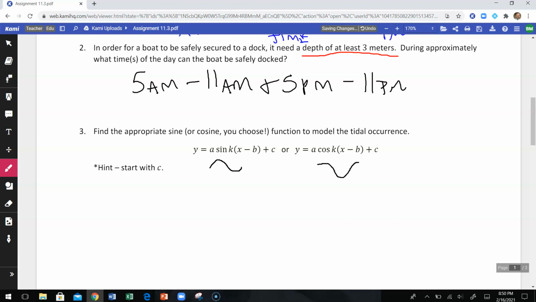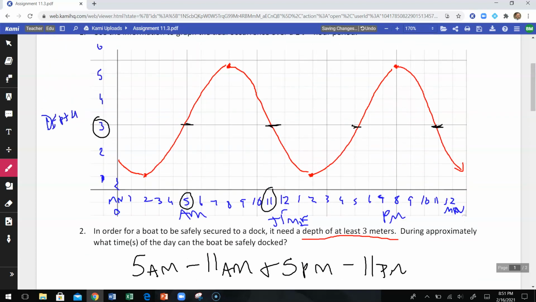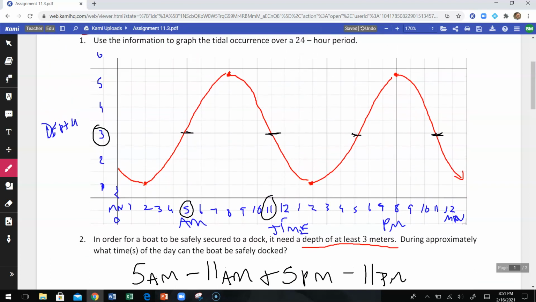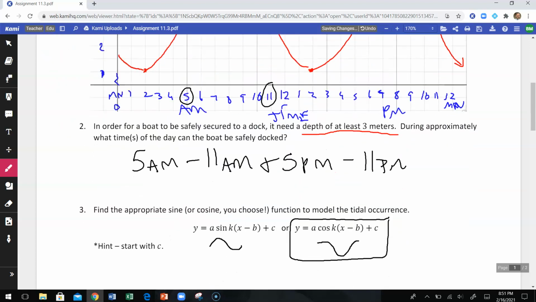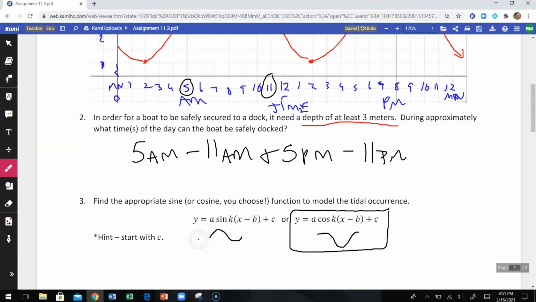This is what we looked at in class in terms of a snapshot of the sine graph and a snapshot of the cosine graph. I'm going to choose cosine, and I'll explain why. I can clearly see the top of my graph, and so that gives me a good starting point, whereas sine, I have to start at my midline, right?